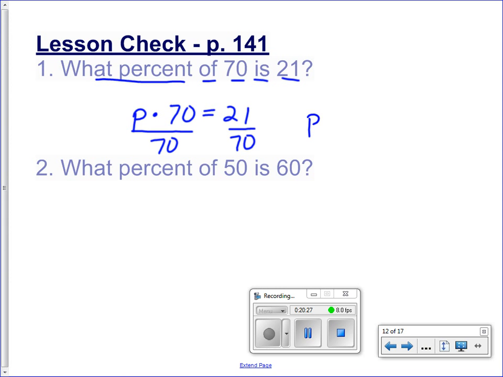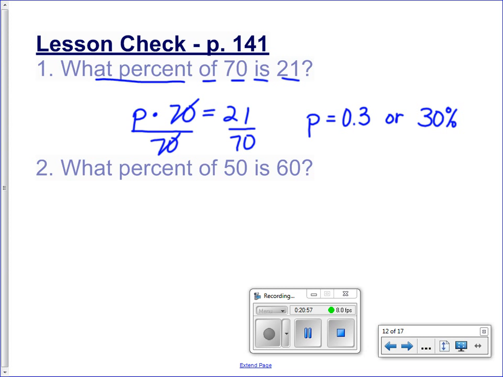And so we end up with P equals 21 divided by 70, which is 0.3. Remember, we're looking for the percent, so I want to multiply this by 100, which is the same as moving a decimal point to the right 2 places, and that would make it 30%.